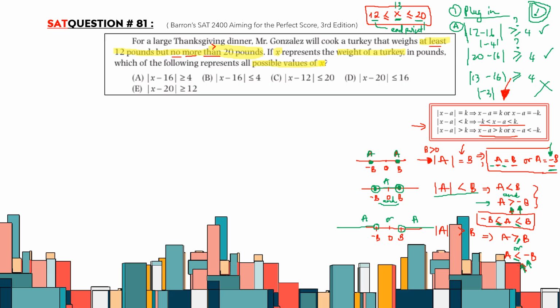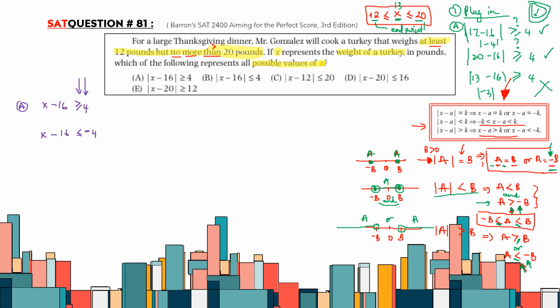So for me, I try to solve it as fast as I can. So for A, we will have x minus 16 greater than or equal to 4. Then I also have x minus 16 less than or equal to negative 4. Remember, I changed the inequality sign, and also I changed the sign of the number.